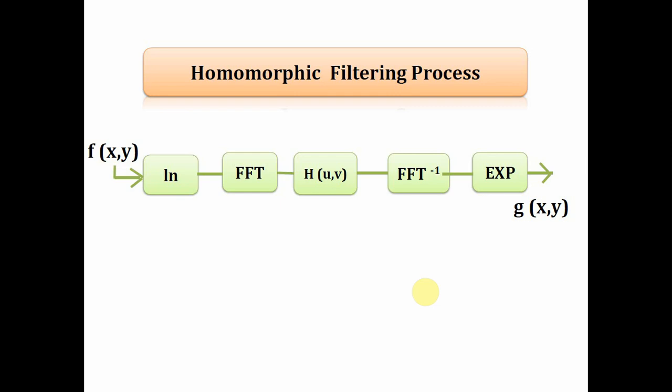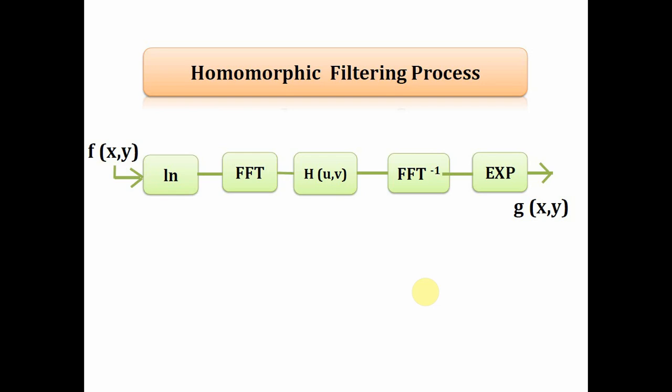That is why we apply the logarithmic function on f of xy so that we can go for the Fourier transform. After taking the Fourier transform, we multiply it by a filtering mask, that is h of uv, and then we go for the inverse Fourier transform. After the inverse Fourier transform, we took the exponential of that function in order to get the signal back to its original position, or you can say the reconstruction of our original signal.